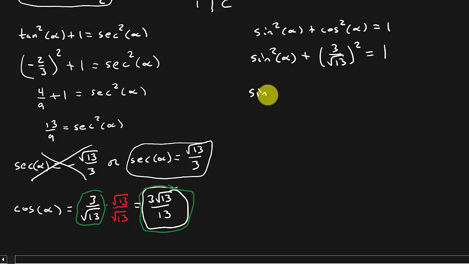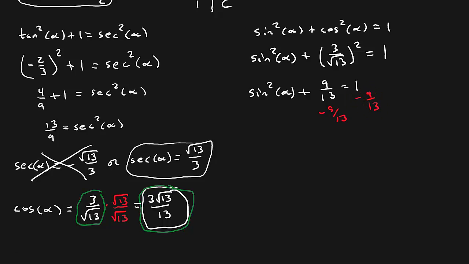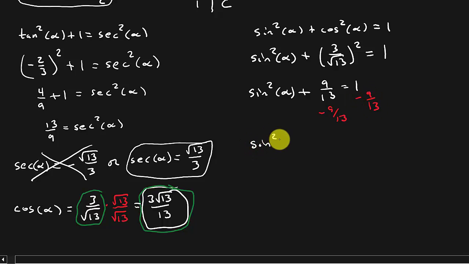All right, so we get sine squared alpha plus 9 over 13 equals 1. And then I'm going to do what? I'm going to subtract 9 over 13 from both sides. So I get sine squared alpha equals, let's see, I'm sorry, 13 over 13 minus 9 over 13.